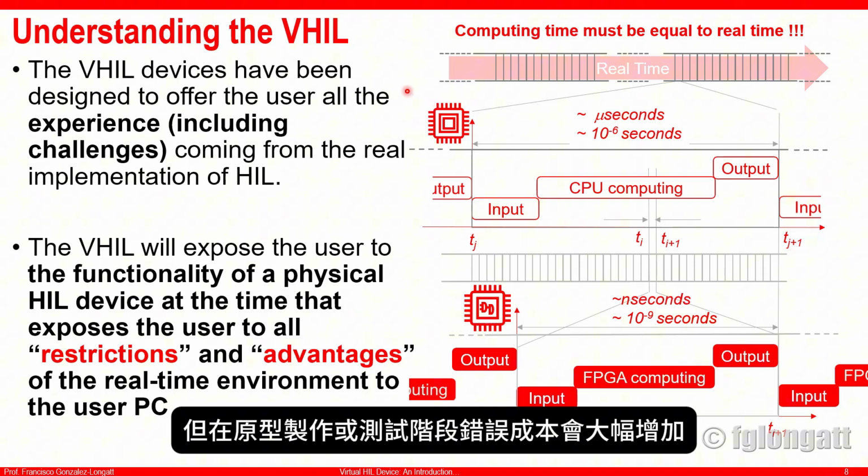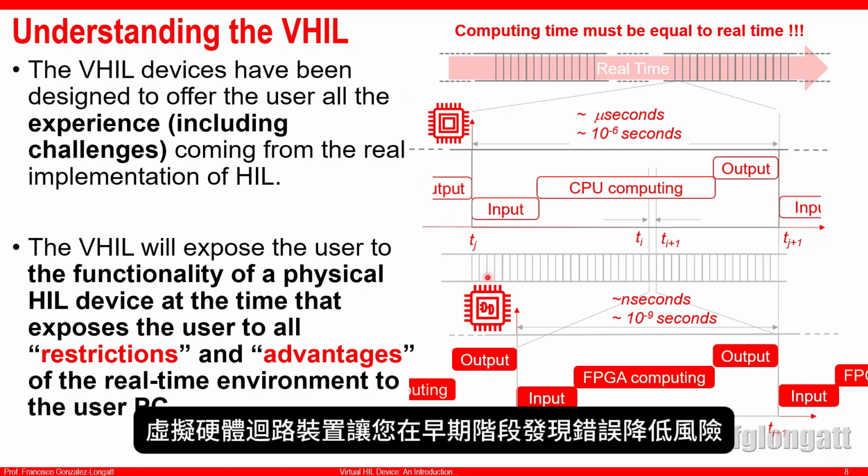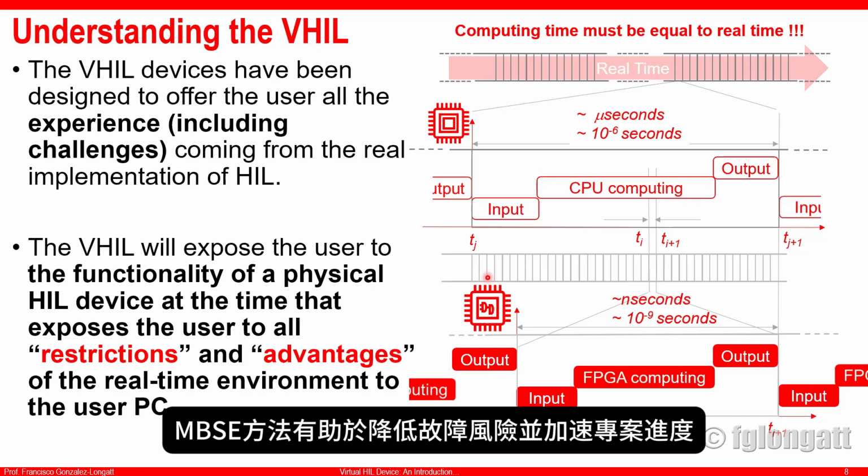But if we are working with models, very complex models with very small time constants, for instance, power electronic switches, we need a very fast calculation. We need a lot of intensive calculation. We need something very fast, and that is the reason for using the FPGA.